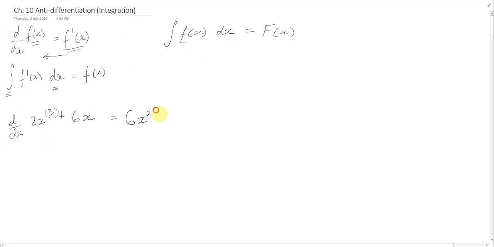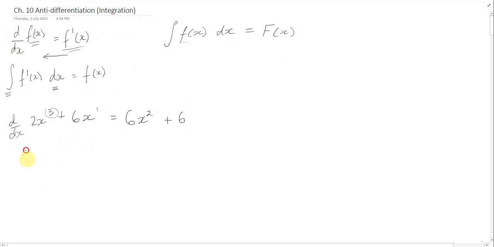And then we add that to differentiating 6x. There's a secret 1 up here, so it's 6 times 1, 6. Take 1 away from 1, gives 0, so it's just 6. So we've differentiated, we've gone forwards.